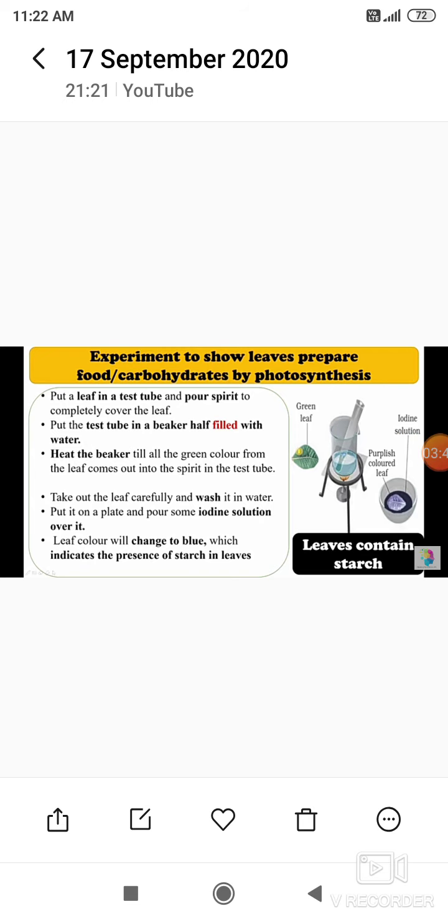So now your leaf is colorless, and we can clearly observe the color change. Then take out this leaf and wash it in water. After that, put it on a plate and pour some iodine solution over it. You will observe that the leaf color has changed to blue-black, which indicates the presence of starch in leaves. Alright.